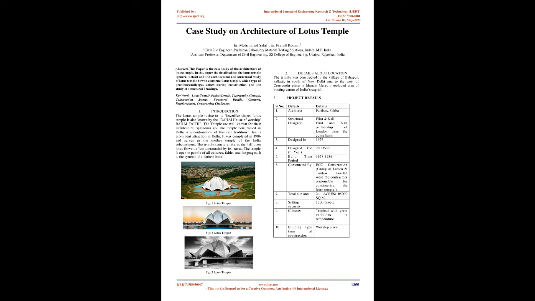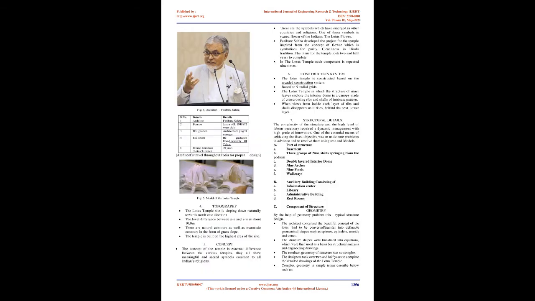Total site area: 24 acres, 105,000 sqm. 8. Seating capacity: 1,300 people. 9. Climate: tropical with great variations in temperature. 10. Building type: worship place. Fig. 4 Architect, Fariborz Sahba.